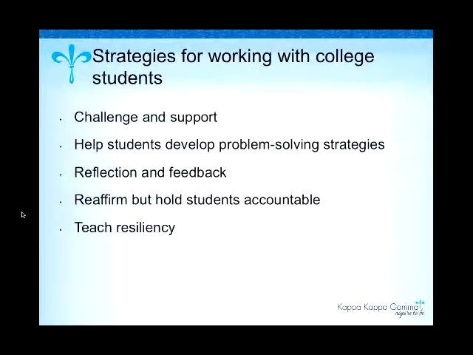I think the best thing we can do as advisors and Kappa women who give back to our chapters and alum associations is demonstrate the accountability. So reaffirm when it's appropriate to reaffirm, but hold students accountable. If they say they're going to do something, if their bylaws say one thing, if they have set goals that say one thing, hold them to that.